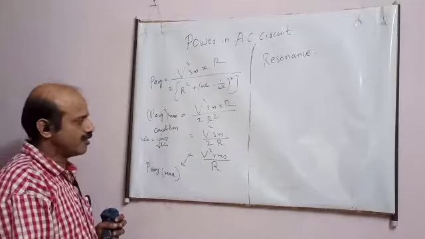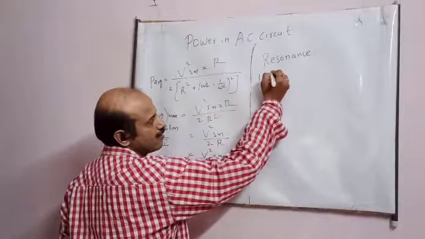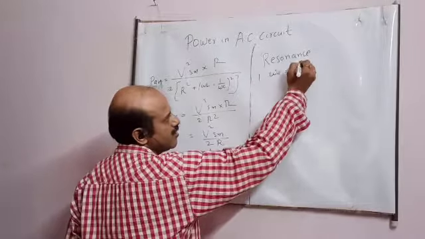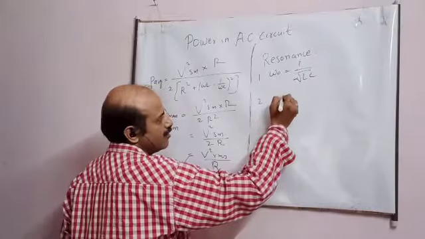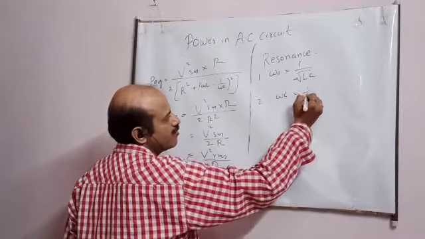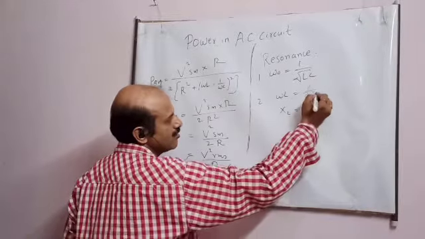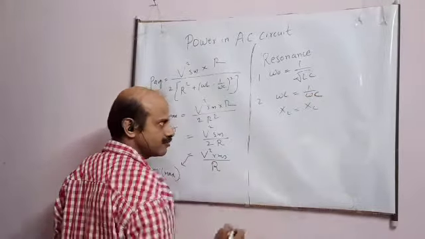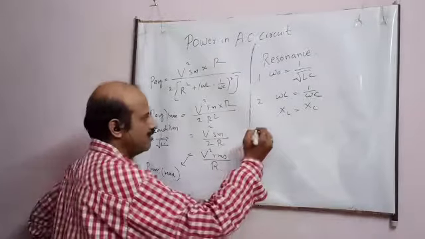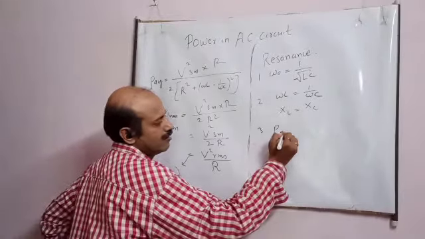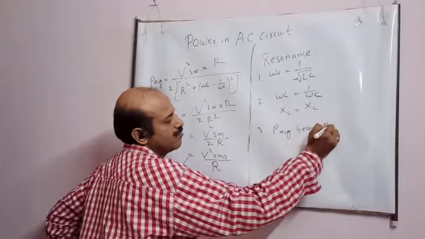See, in resonance, student, first, the frequency, it happens at this. Second, omega L becomes equal to 1 by omega C. This means XL becomes equal to XC. And third, power becomes maximum.